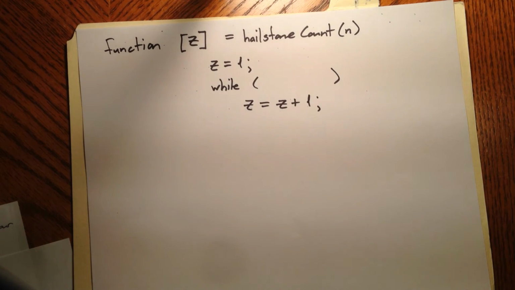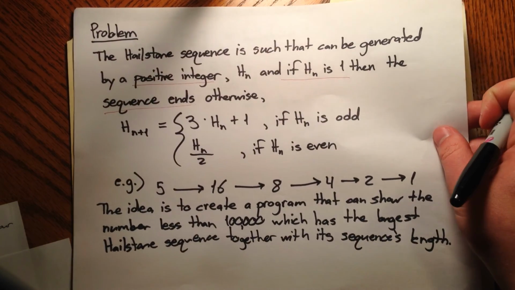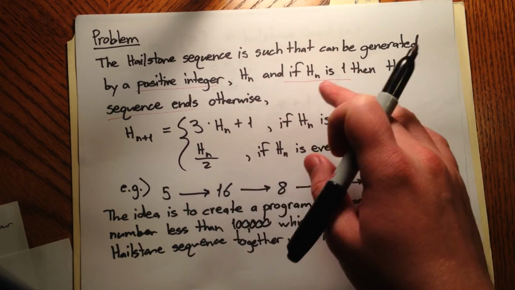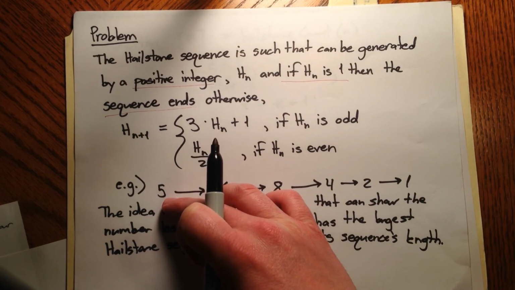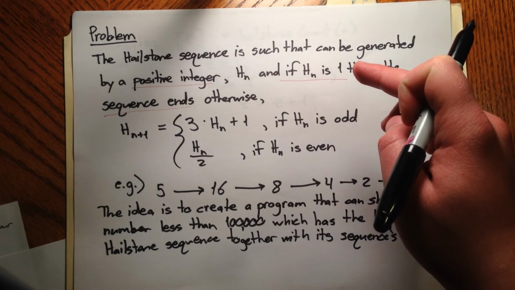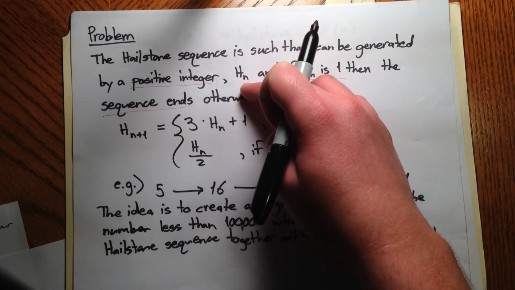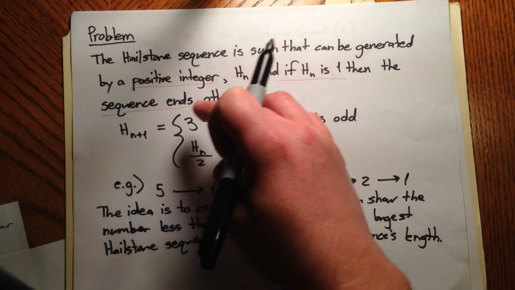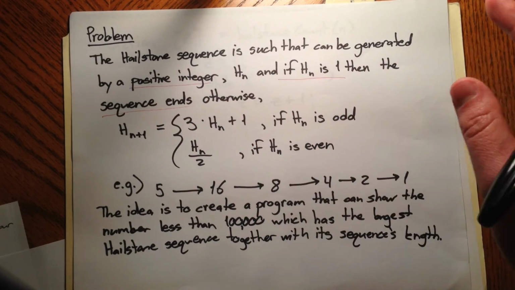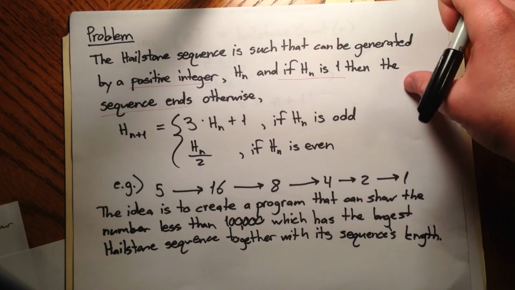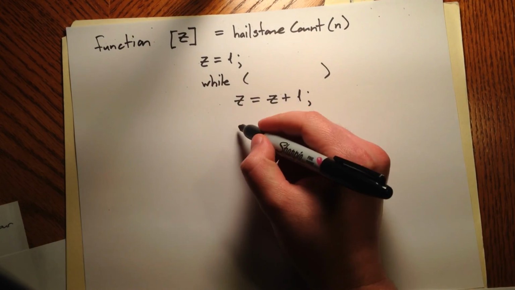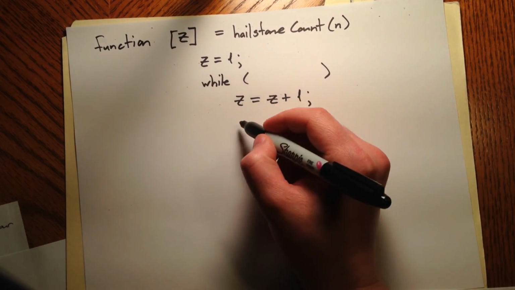Our n comes in. Let's take a look at the problem right here. Our n is the hailstone number we started off with, 5, right? It's the h sub n. It should take an h sub n and do this stuff to it. This is too complicated for me right now, so I'm just going to call in another function to figure out the new n.